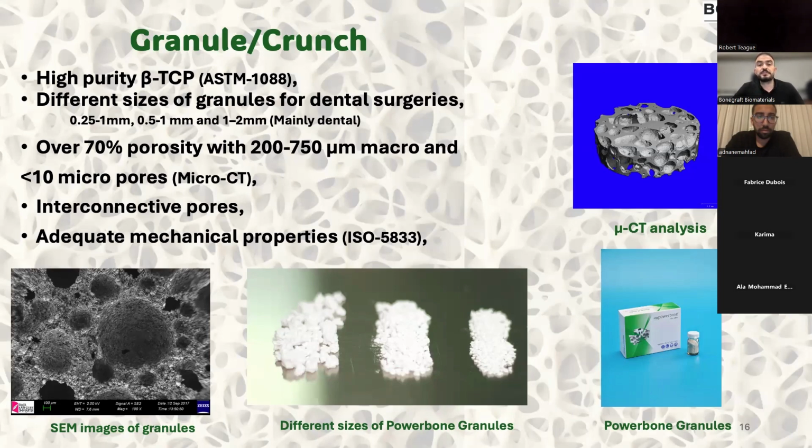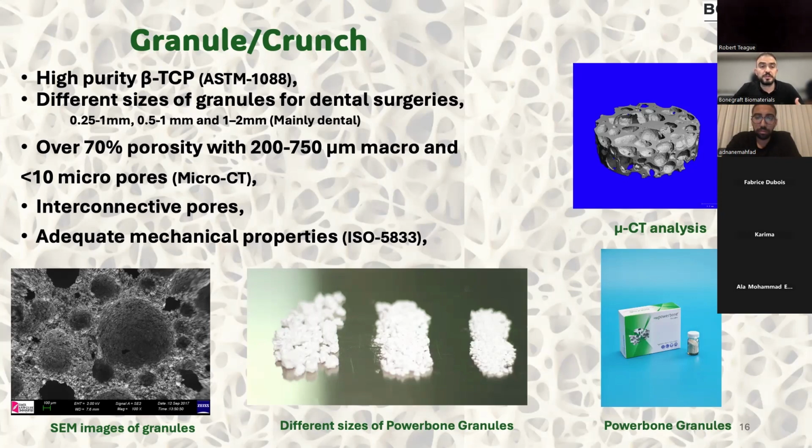We have different sizes for dental applications: 0.25 to 1, 0.5 to 1, and 1 to 2 millimeter. Total porosity, interconnective pores, and macro and micro porosity balance are very important because bone is a vascular tissue. You have to continuously support vascular formation.